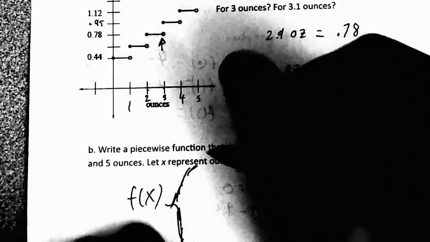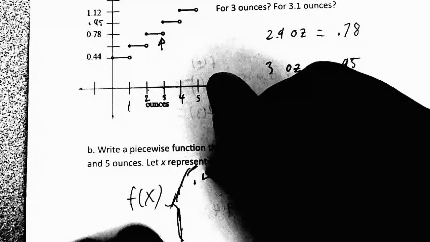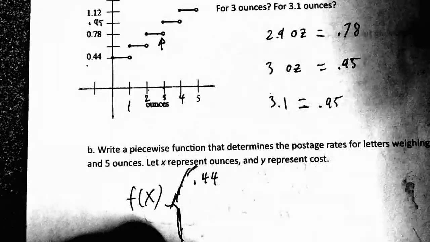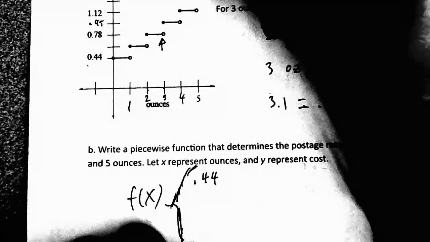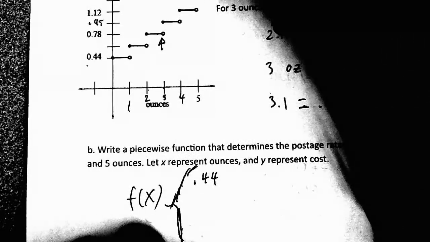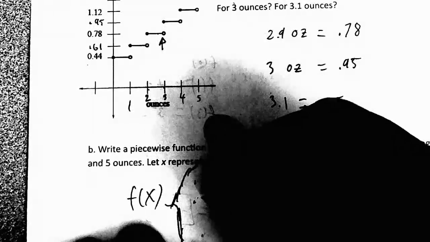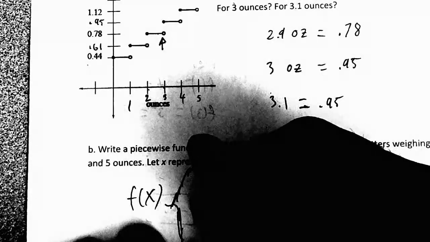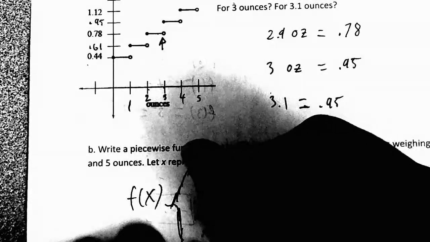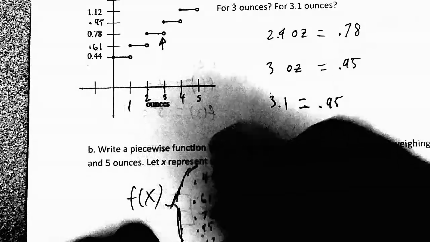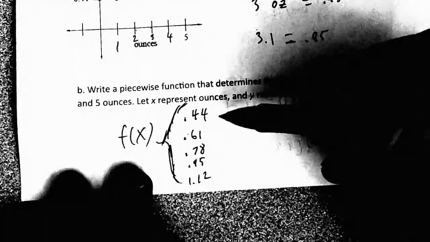I'm going to start from lowest to greatest. So we have 0.44. I'm going to go by 17 cents at a time. So we have 0.44 right here, and then we're going to have 61 cents. Then we'll have 78, then we'll have 95, then we have 112. So I'm going to write those out. 0.44, 0.61, 0.78, 0.95, and then 1.12. So those are my values right here.